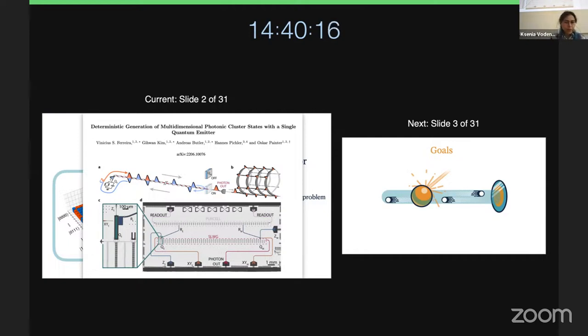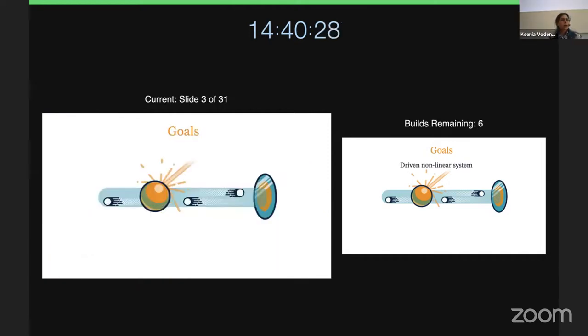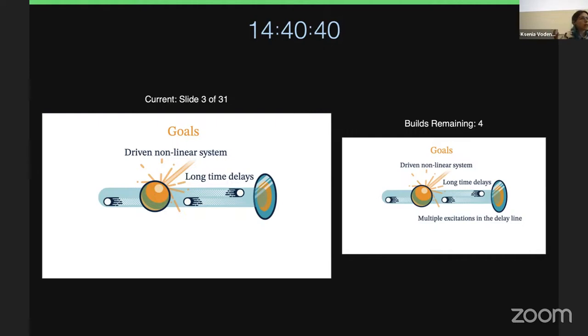So it's quite an interesting field of research. But as a theoretician, my question was, can we simulate the dynamics of the atom in such setups? Specifically, there were particular goals in front of us. We want to have a driven nonlinear system. We want to go to the limit of long time delays. And that actually allows us, due to constant pumping, to have an unlimited number of excitations in our delay line.